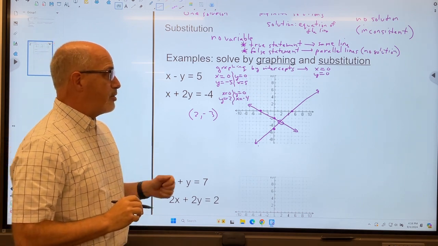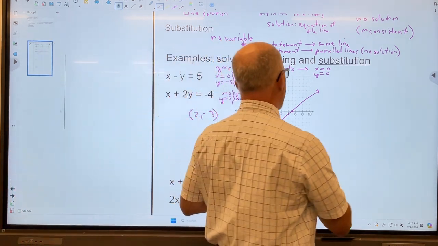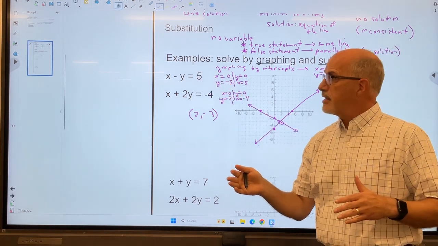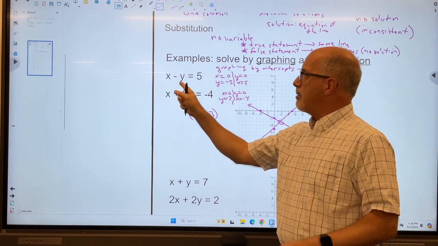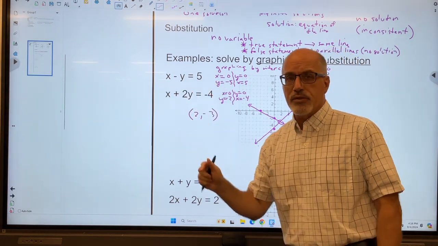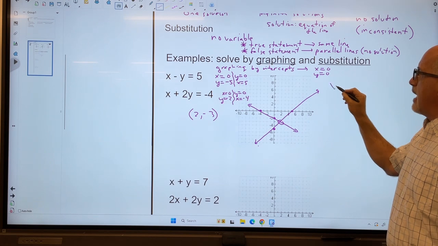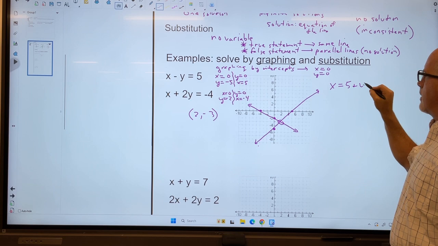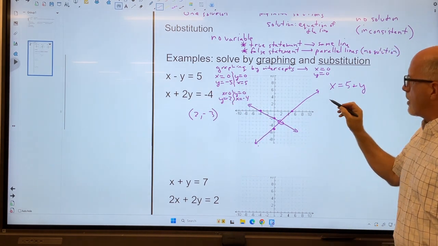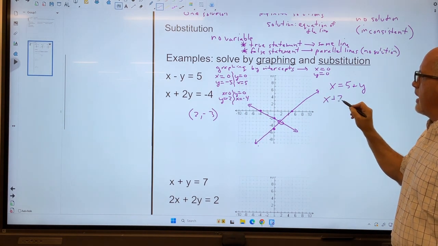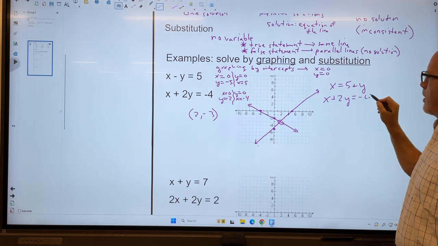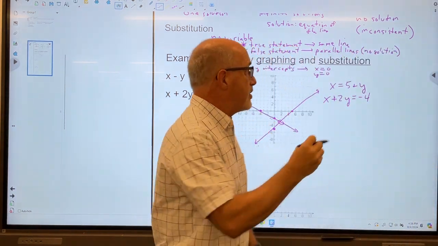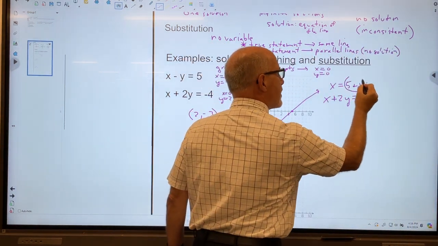Let's do it by substitution. The first step for substitution, if you recall, is to get one of the variables by itself. Out of these two, probably the easiest would be to add y to both sides, so you get x equals 5 plus y. Then we take the second equation, x plus 2y equals -4, and substitute this into it. So this 5 plus y is going to go in for x.